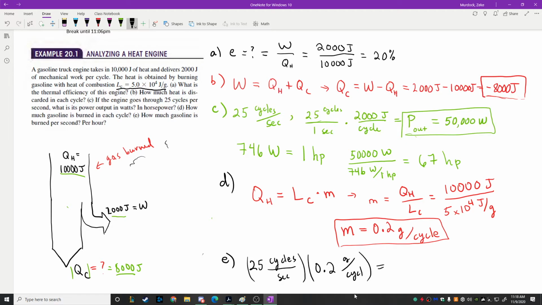So 25 times 0.2 is 1 over 5. It's just 5, right? 5 grams per second. And then if we want to get that in hours, we would take this and multiply by 3,600 seconds in an hour.